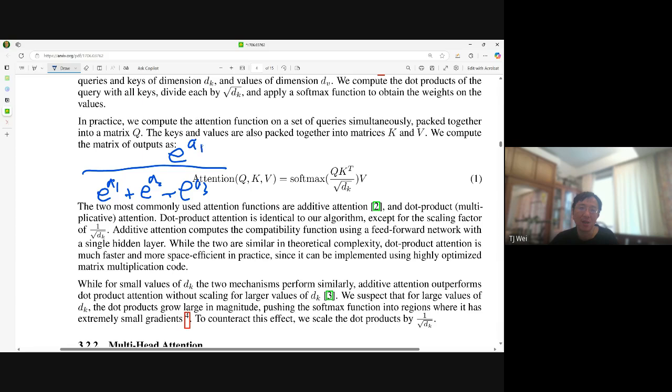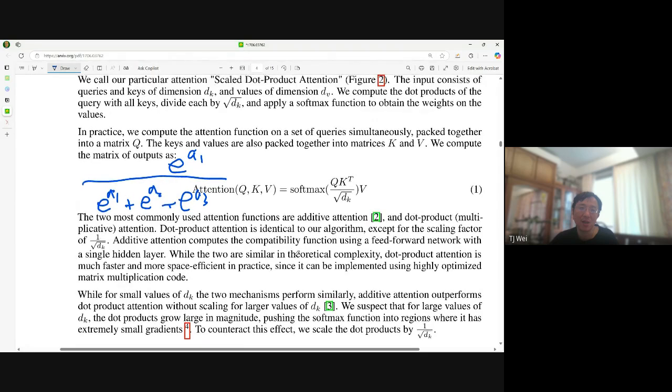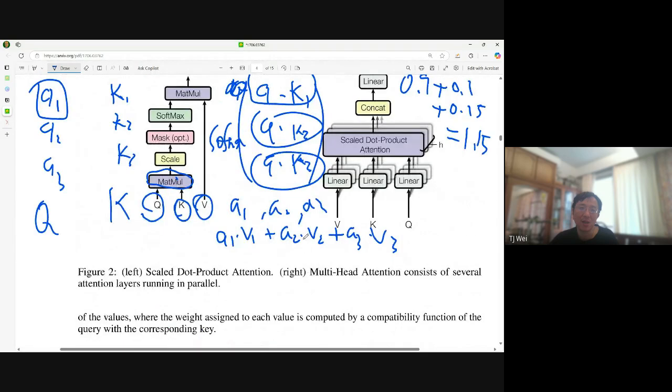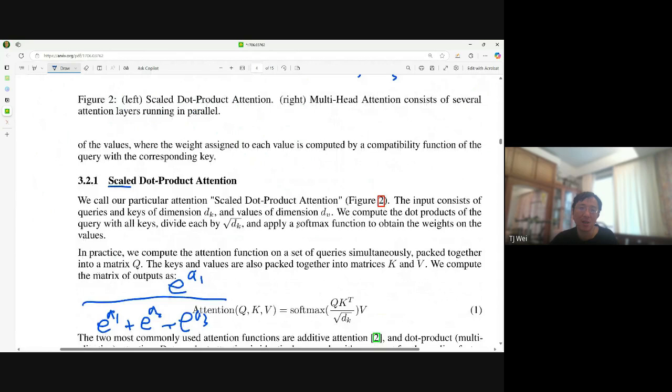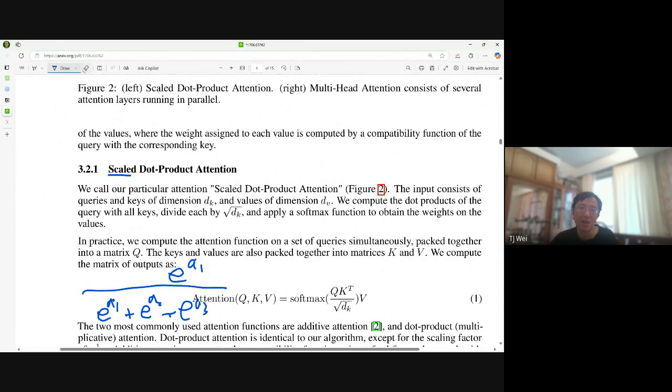For the second, the probability of the second one is e^A2 over the sum. So there's an exponential here. And what are A1, A2, A3? They are the dot products of Q and K. I should not use A1, A2, A3; it is something like logits. So I'm using L here, like L1, L2, and L3.